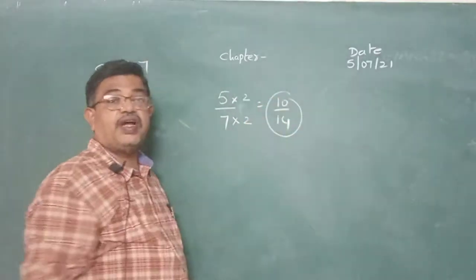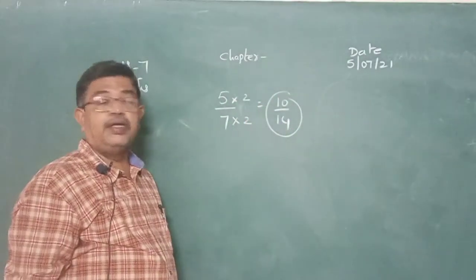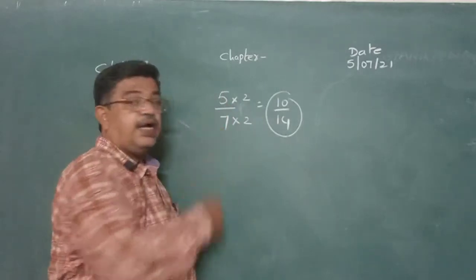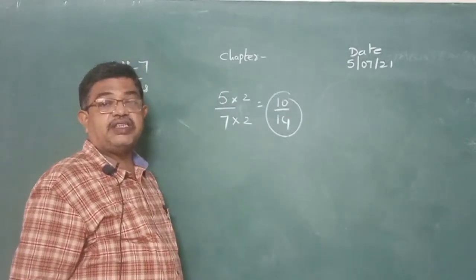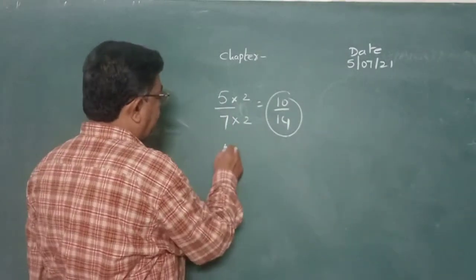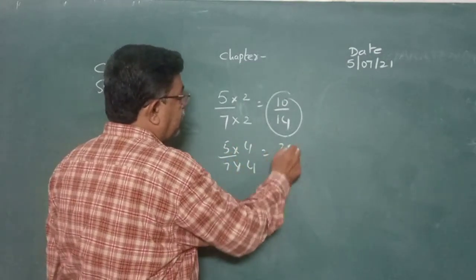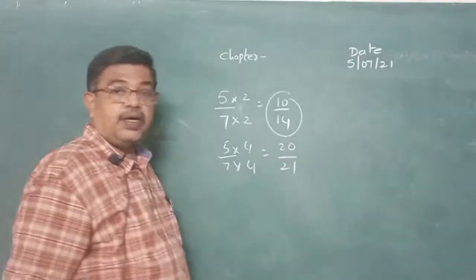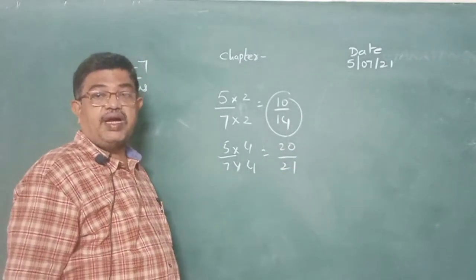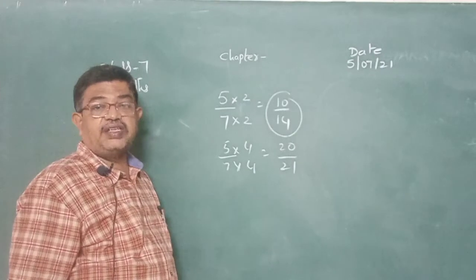You obtained a new fraction in the form of 10 by 14. So this 10 by 14 is called an equivalent fraction of 5 by 7. I multiply 5 by 7 again with 4. What do I get? 20 by 28.